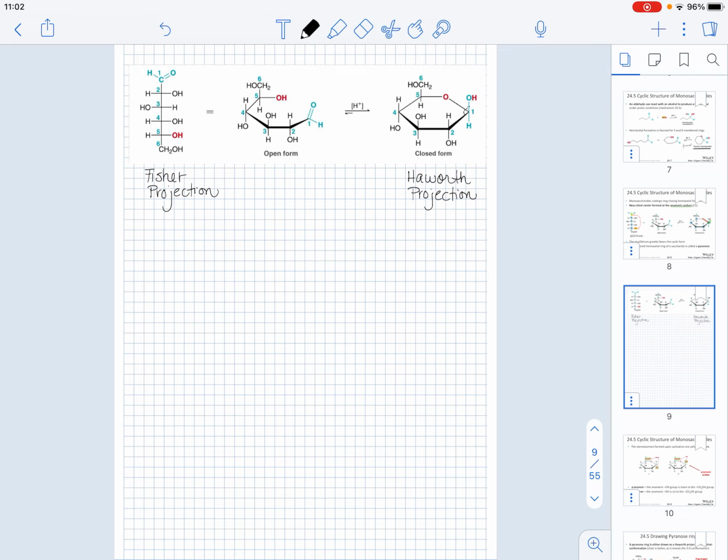These are the steps in order, if you are given a Fischer projection for an aldohexose, for how to draw the Haworth projection. Step number 1.